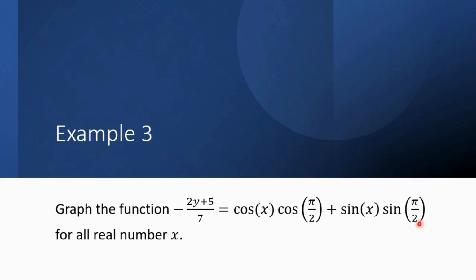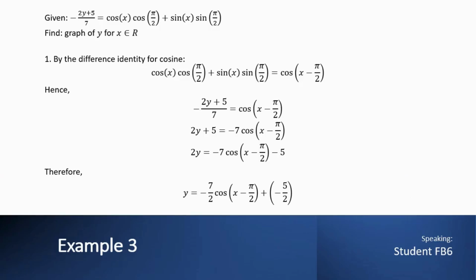I thought we were only going to discuss sine functions and cosine functions. Why is there a sine function in here? Don't worry. We can use different trigonometric identities in deriving a cosine function.